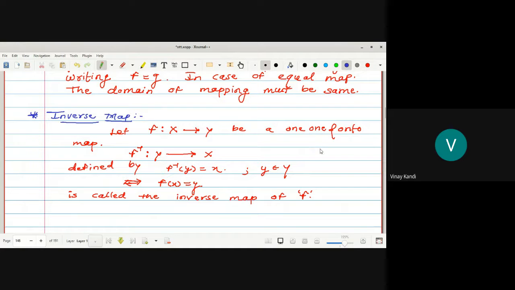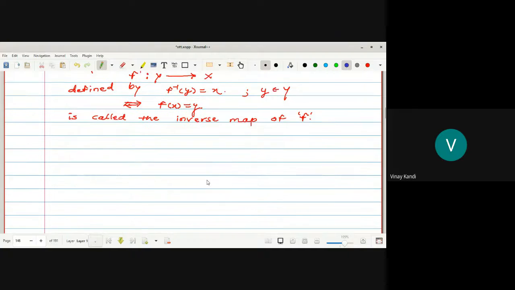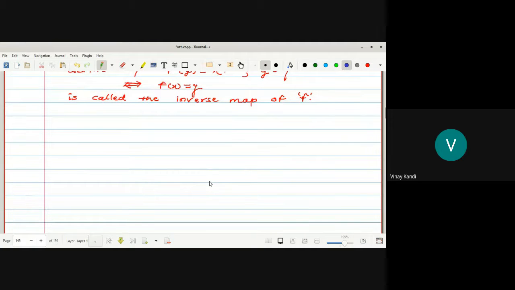Now the product of two functions, the product of transformations. The next definition is the product of functions.